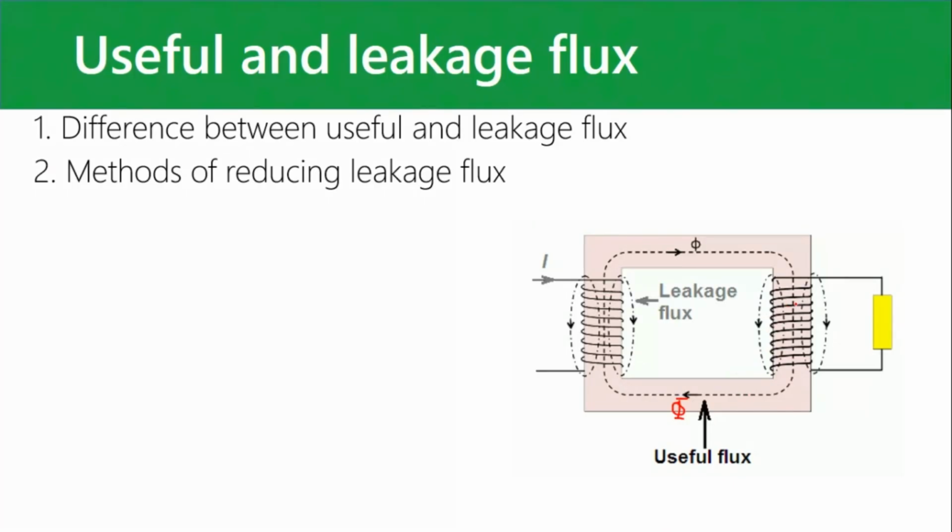Leakage flux happens because you've got current flowing now, I1 and I2, in those windings, and that's going to set up their own magnetic fields. You can see them over here, and some of it leaks out of the transformer, a second magnetic field. So it's not the one that is concentrated in the core. It's wasted. It's leakage flux.